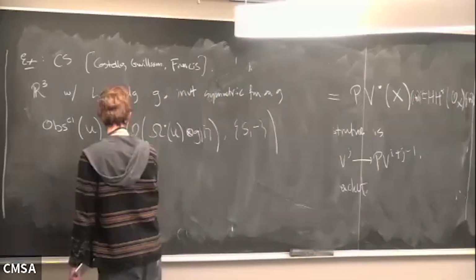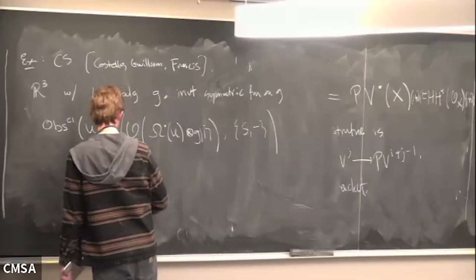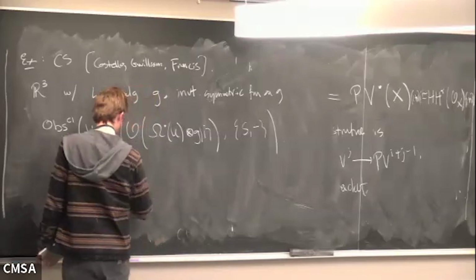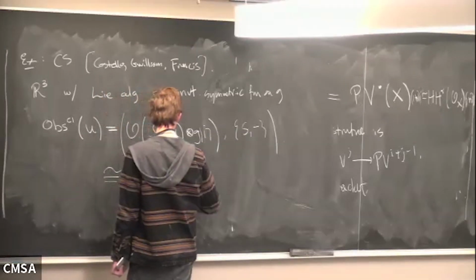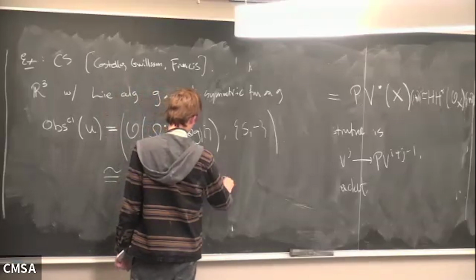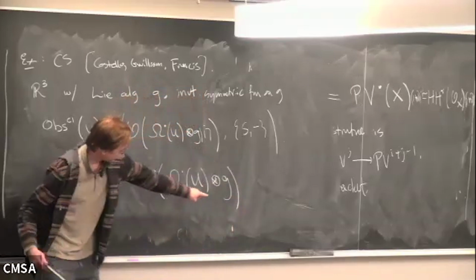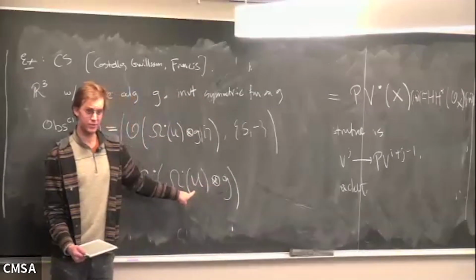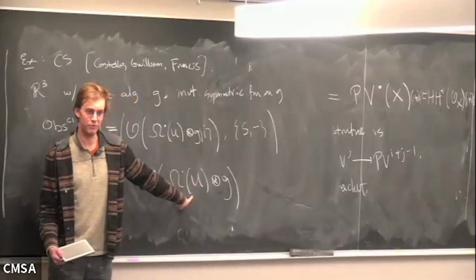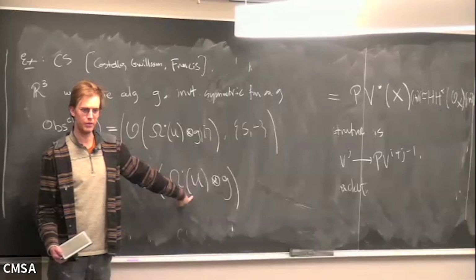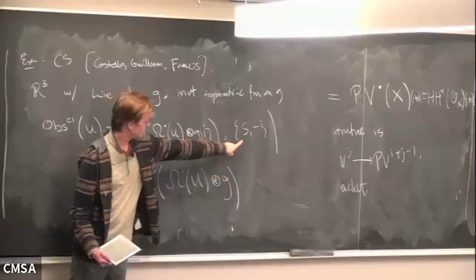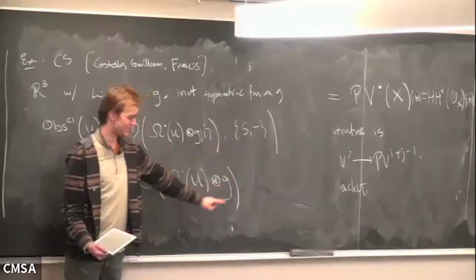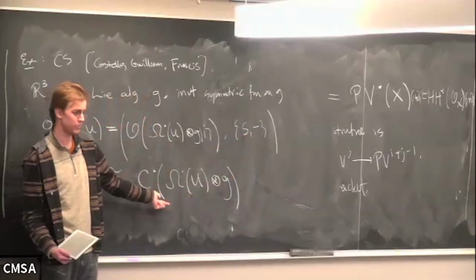And it turns out this thing is not just equivalent, it's isomorphic to what's called the Lie algebra cohomology of this DG Lie algebra, obtained by tensoring the Lie algebra G with the commutative DG algebra of de Rham forms, here supported on U. So this is a commutative algebra, that's a Lie algebra, this is a DG Lie algebra. This bracketing with the classical Chern-Simons action is exactly what's called the Chevalley-Eilenberg differential.